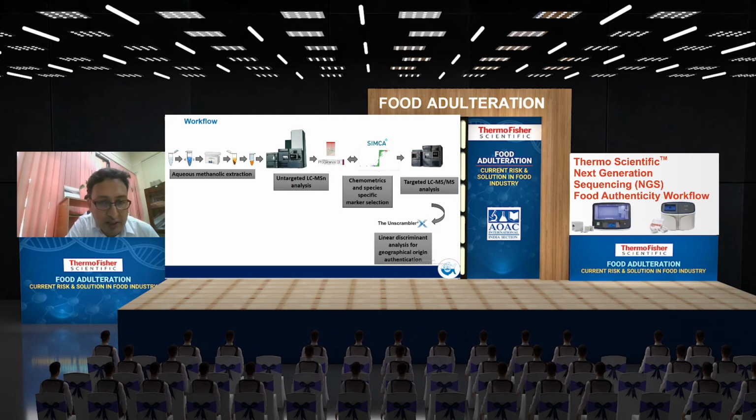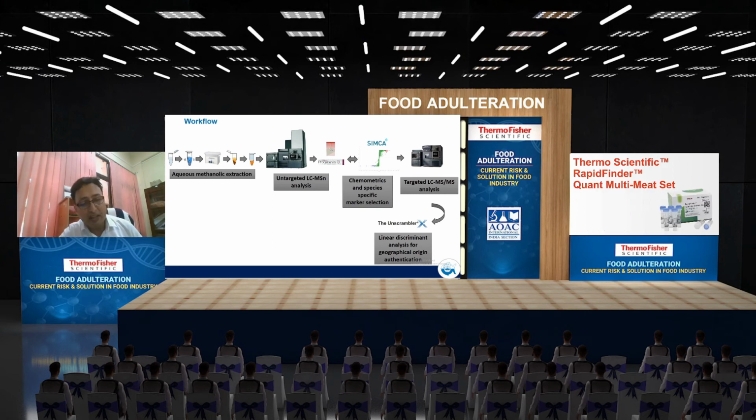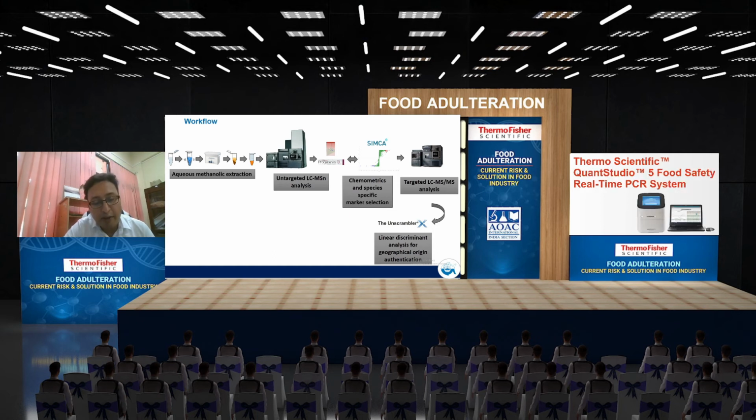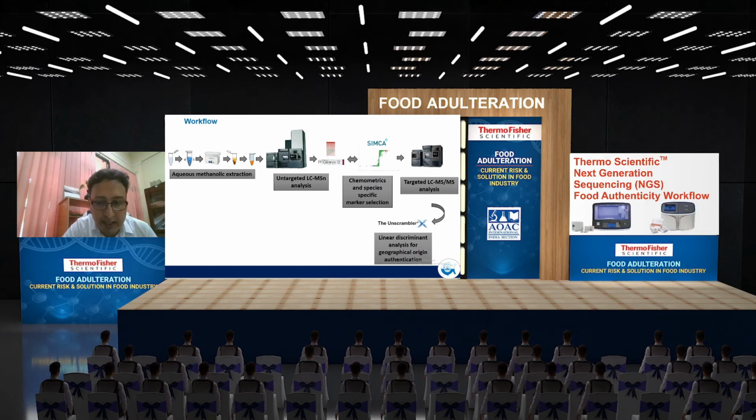This makes identification of biomarkers very crucial to make this method suitable for regulatory application. When the number of target ions is reduced and you go into MRM based targeted detection, then this method becomes very repeatable and can wonderfully work as a regulatory method. Can I have the next slide?